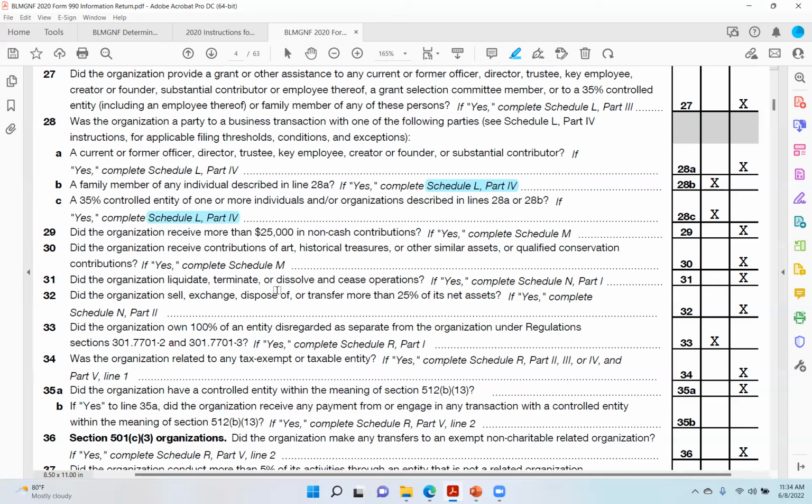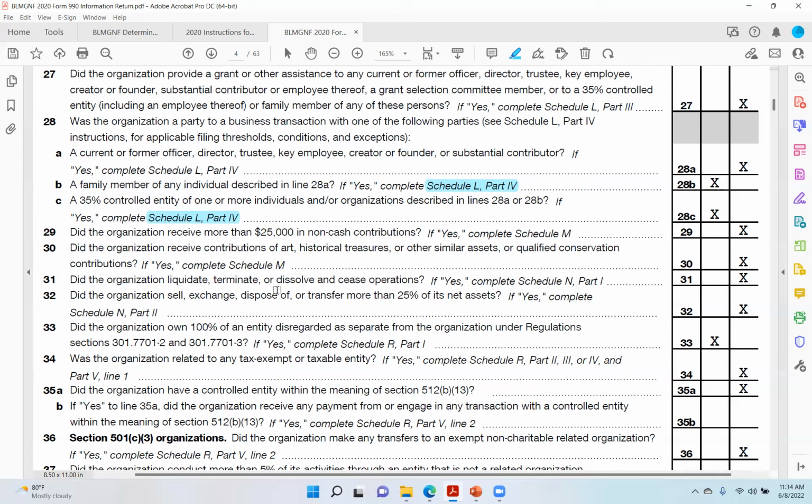29, did the organization receive more than $25,000 in non-cash contributions? They said no. 30, did the organization receive contributions of art, historical treasures, or other similar assets, or qualified conservation contributions? They said no. 31, did the organization liquidate, terminate, or dissolve and cease operations?